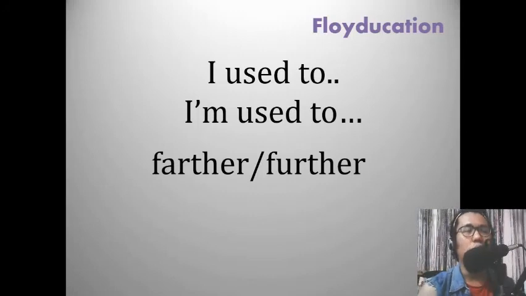Farther and further are a little bit the same, but the main difference is that farther can be measured, and further cannot be measured.